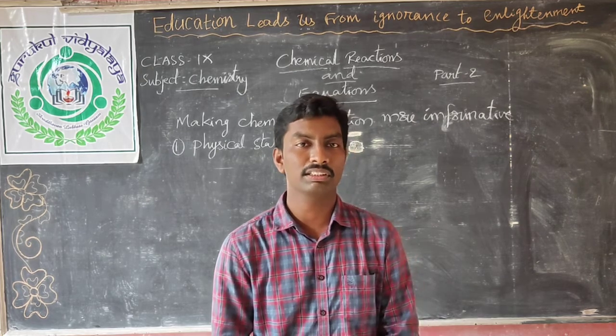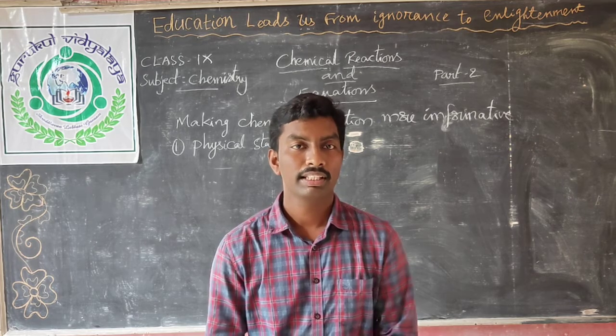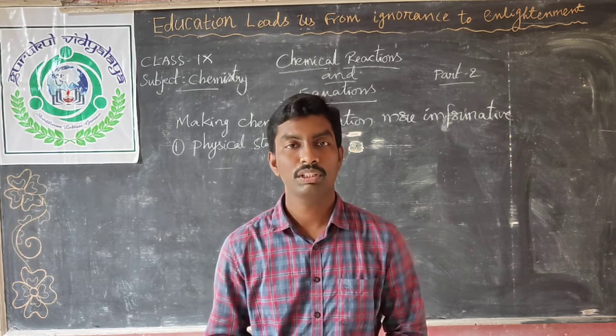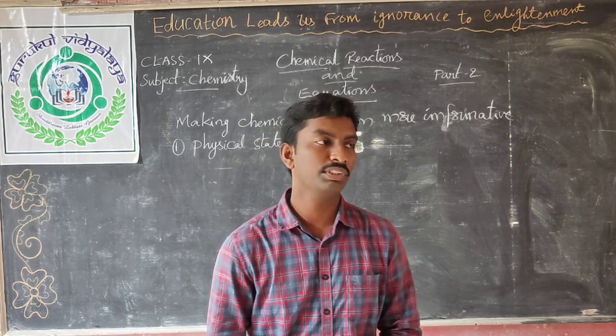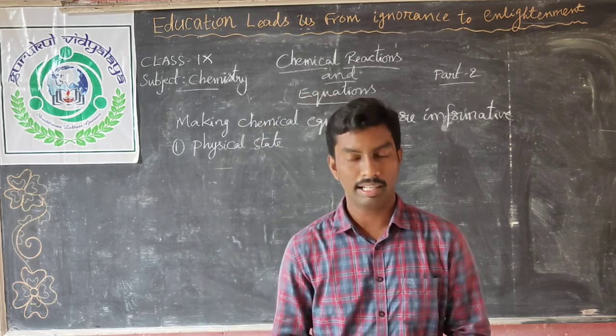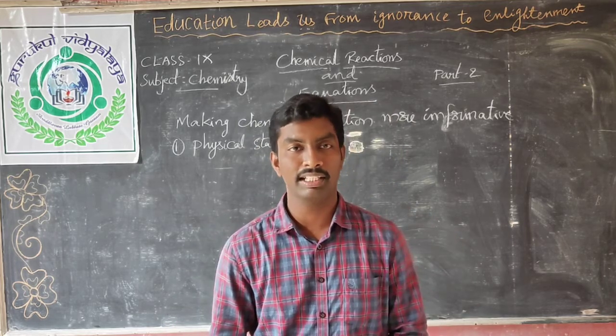The same equation as a chemical equation is C plus O2 gives CO2. You learned about that in the previous video, and we also discussed balancing of the chemical reaction.